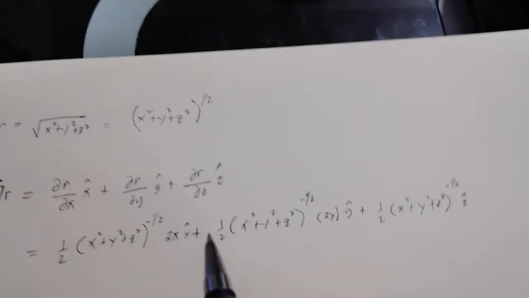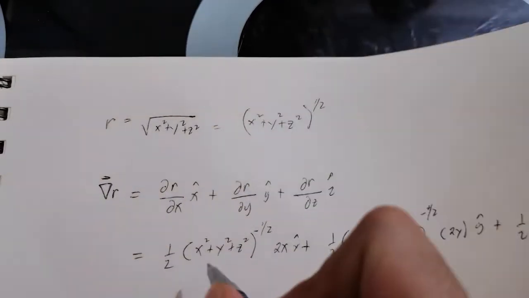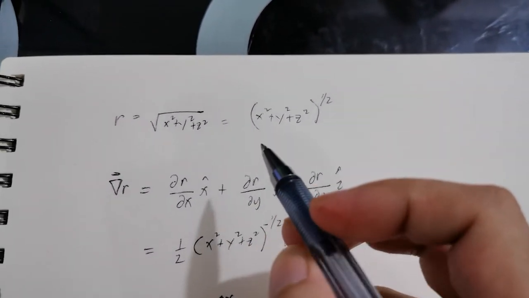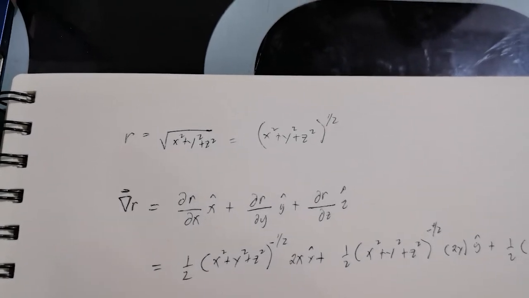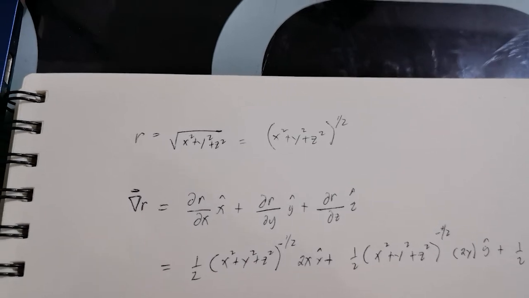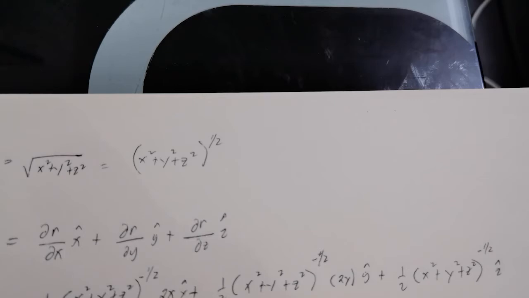Simplifying this whole thing, we get 2x over the square root of x squared plus y squared plus z squared.